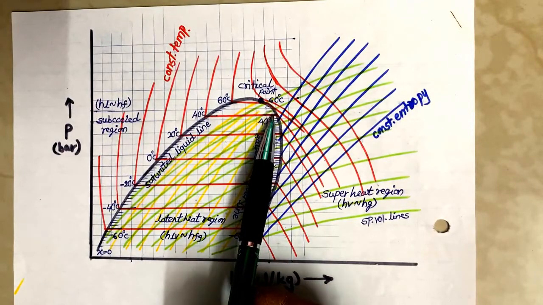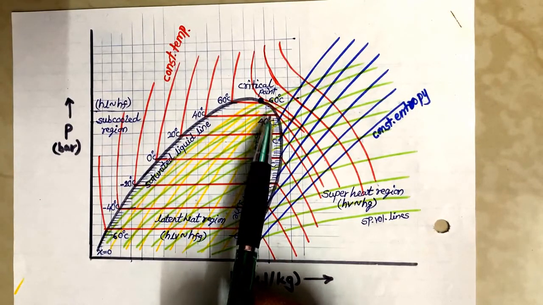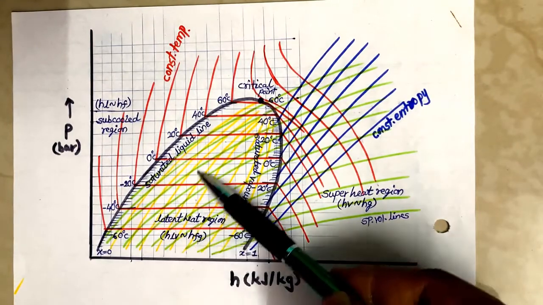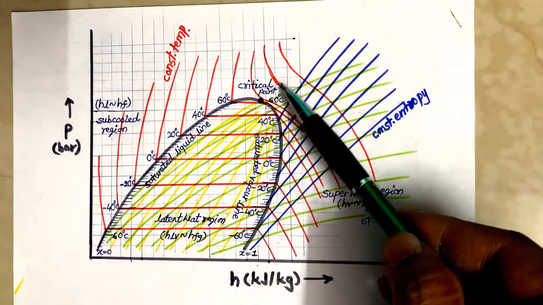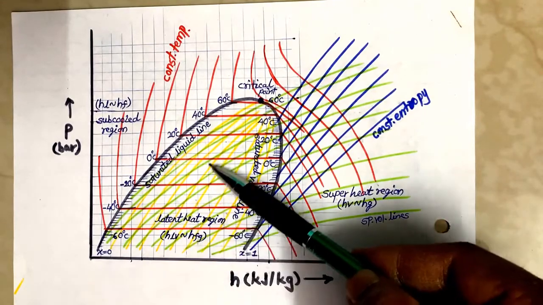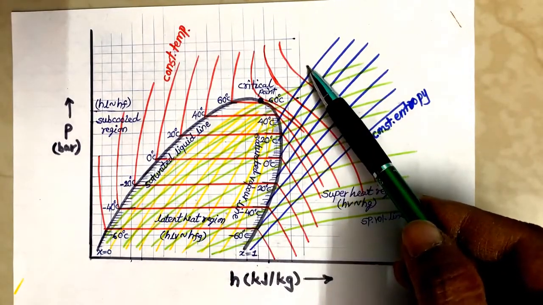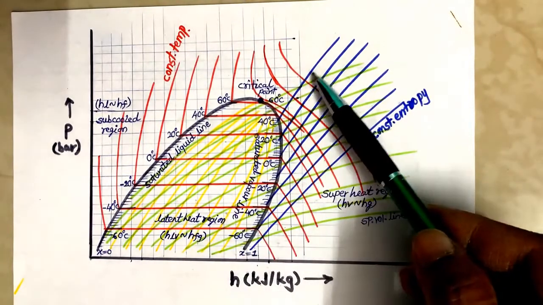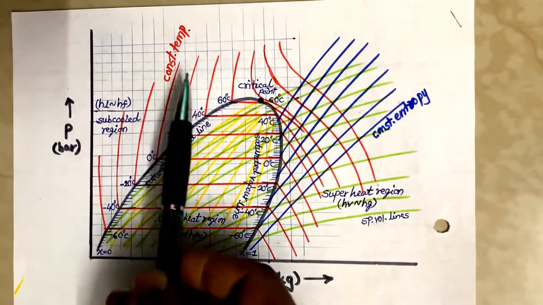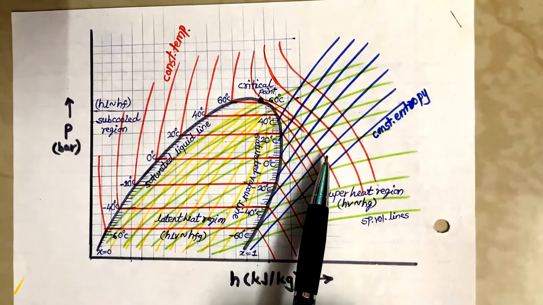Also, one more thing to understand is that the temperature rises from the bottom to the upper side. It is minus 60 at the bottom, and it goes on increasing in the upper direction. This should be noted. These constant temperature lines are represented by red color.